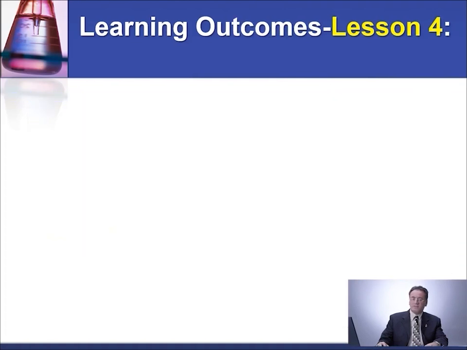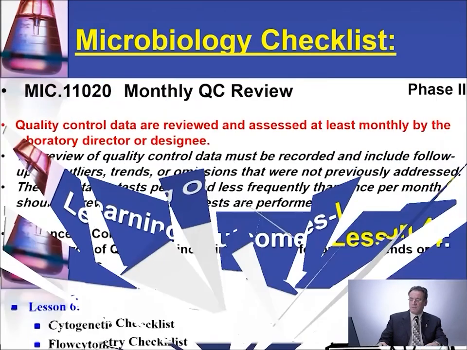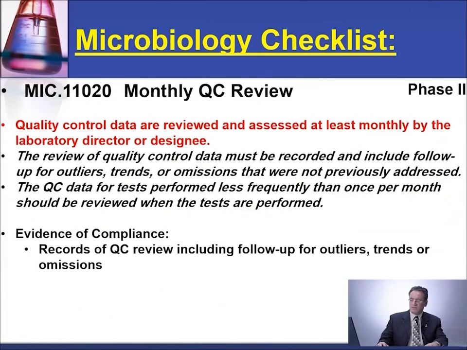In lesson 6 and 7, I'm going to show you how to be CAB ready in the cytogenetic, flow cytometry, histocompatibility, point of care, urinalysis, serology, blood bank, molecular pathology, and the team leader checklist. Also, in lesson 7, I'm going to give you a simple plan on how to be CAB ready all the time in your section or laboratory. So let's start with lesson 4, the microbiology checklist.